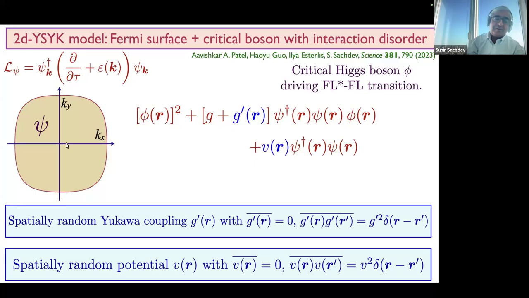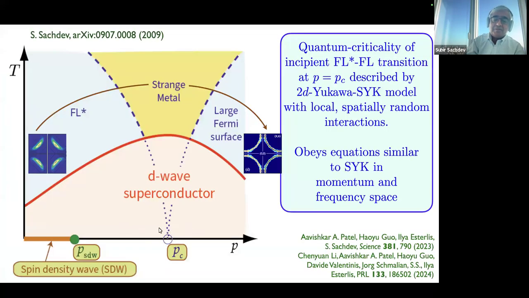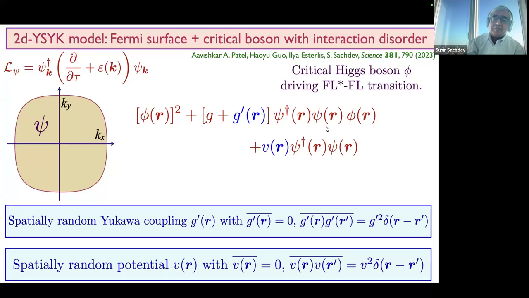This is something we didn't have in the SYK model, but you do have to have a Fermi surface. Then you have this Higgs boson, which is responsible for this transition. And that couples to the fermions by a Yukawa term, hence the term Yukawa SYK. And then in blue are the impurities.